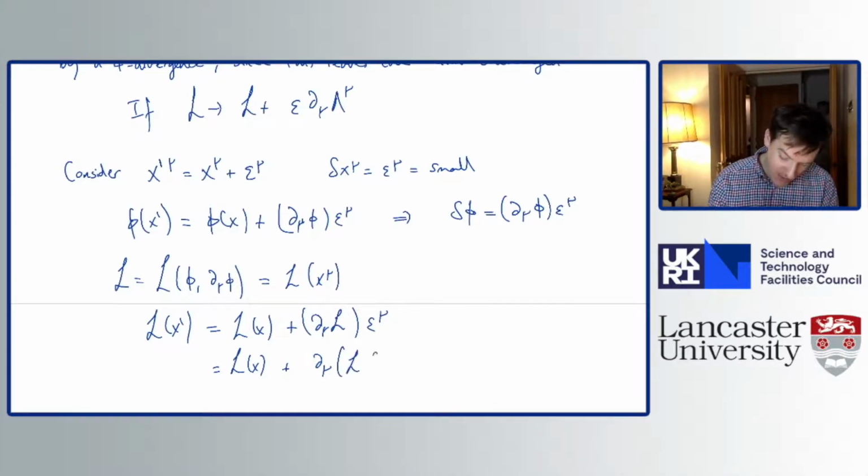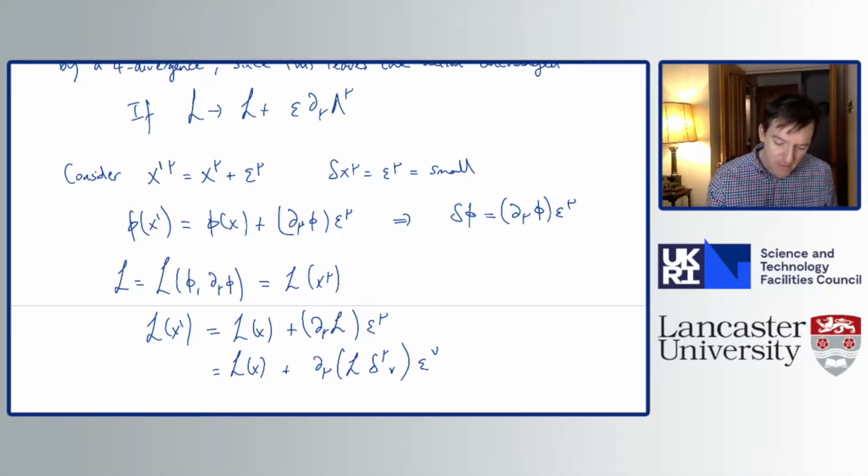So I'll have the Lagrange density, and then I introduce delta mu nu. In other words, I'm just rewriting epsilon mu with this Kronecker delta symbol. The reason for writing it in this way is to put it in the form that we have above, where we have a 4 divergence. So now we have something that's starting to look like a 4 divergence.